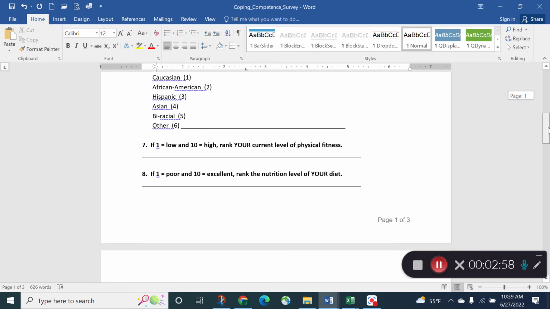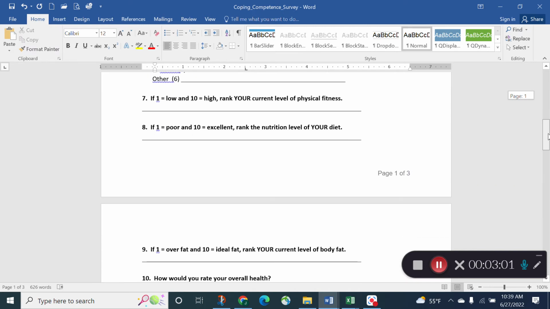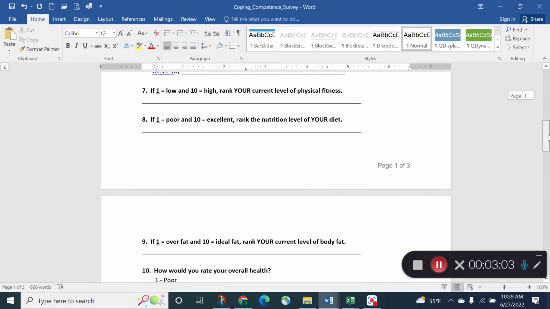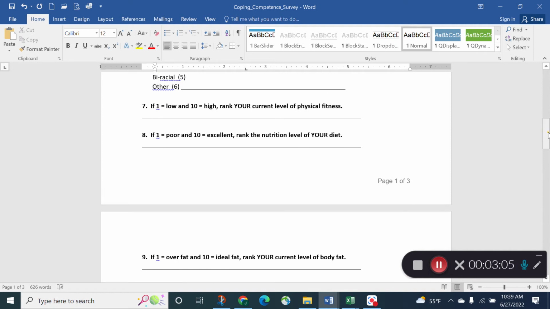The next questions that we'll look at are 7, 8, and 9. And again, these are considered quantitative because they ask the participant to rank their current fitness level, their current dietary level, and their current level of body fat. So in each of these, one is low or poor or over fat, and then the higher the number, the better the person is at indicating what their fitness level is.